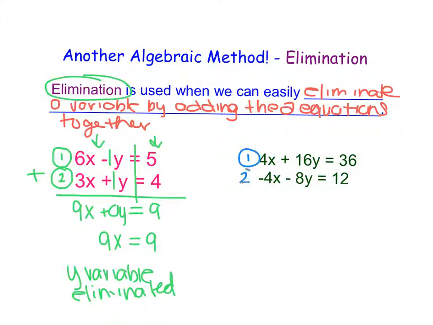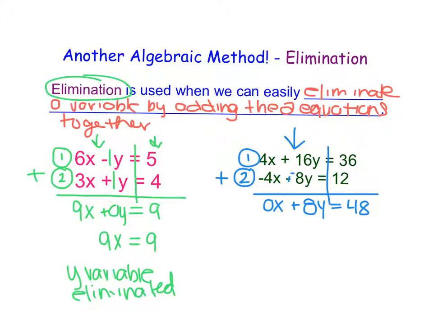Now if I look at this second system, if I were to add these two equations together, 4x plus negative 4x is 0x, 16y plus negative 8y is 8y, and 36 plus 12 is 48. So on this particular system, if I add the left-hand sides of the equation together, I'm left with 8y.